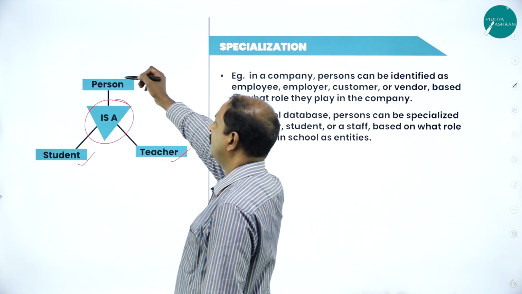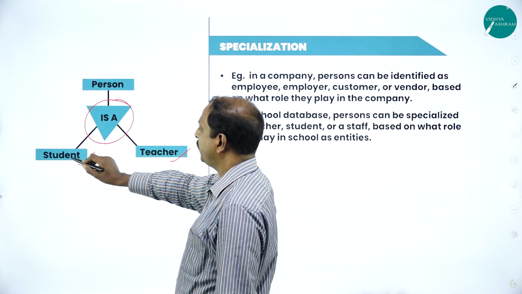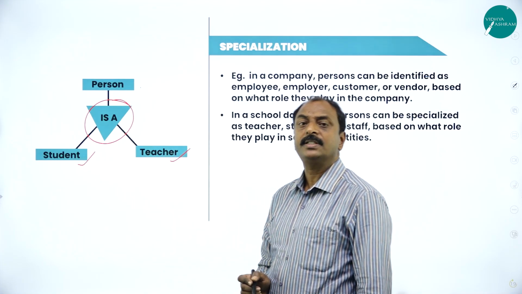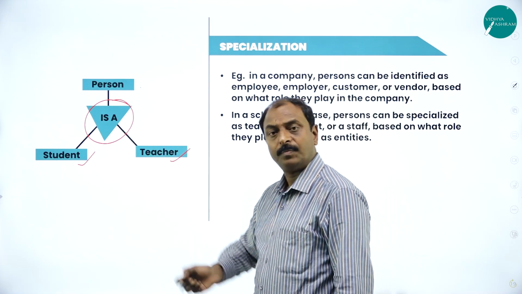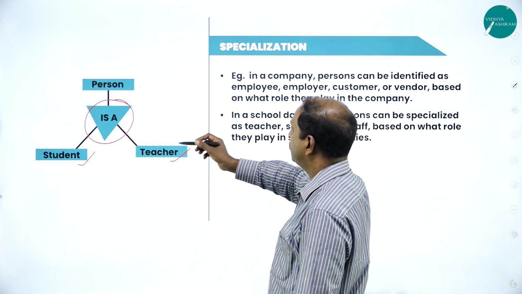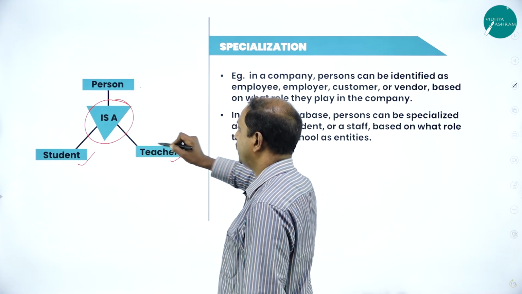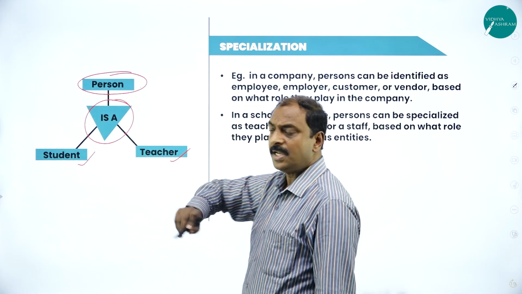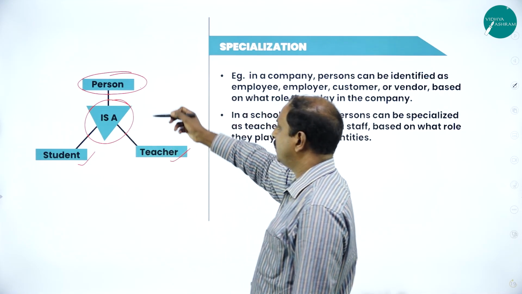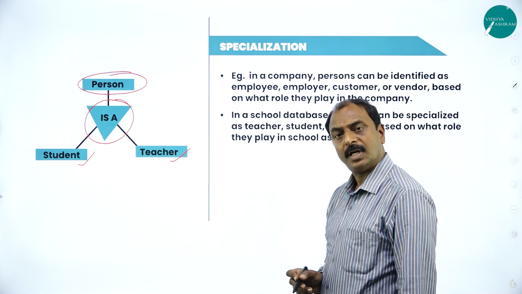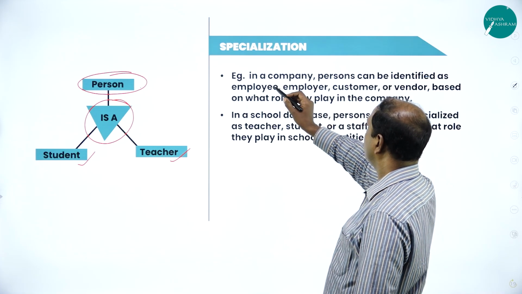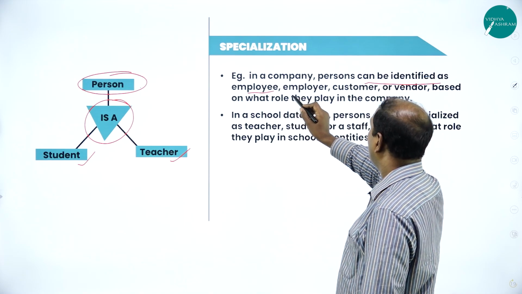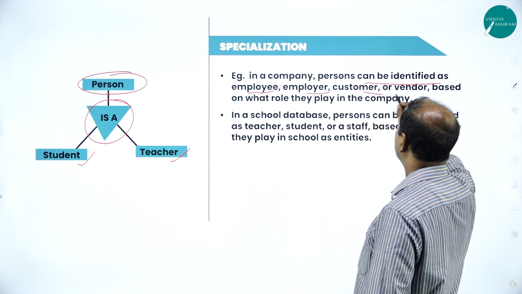The higher level entities are divided into smaller entities depending on their circumstances, the problem or the situation. This is nothing but top-down design. The complex problem or entity is divided into sub-problems. For example, in a company, a person can be identified as an employee or employer, or he can be a customer.